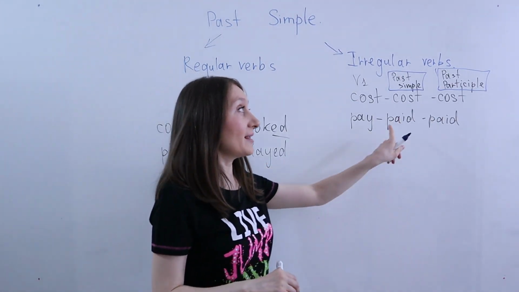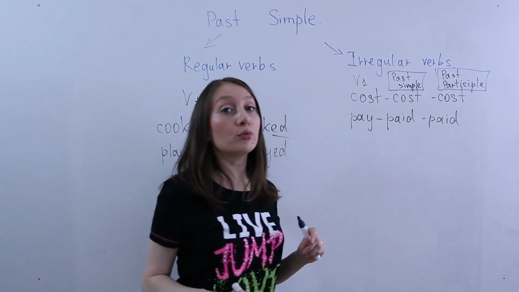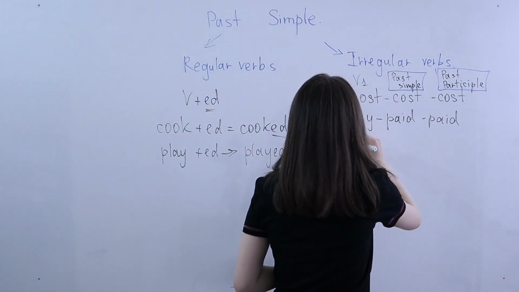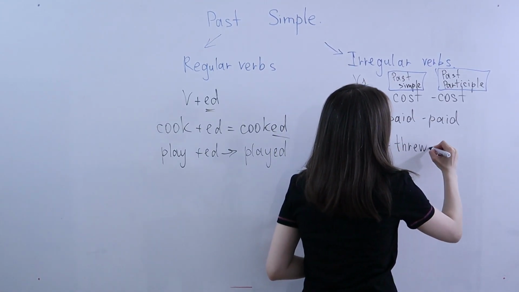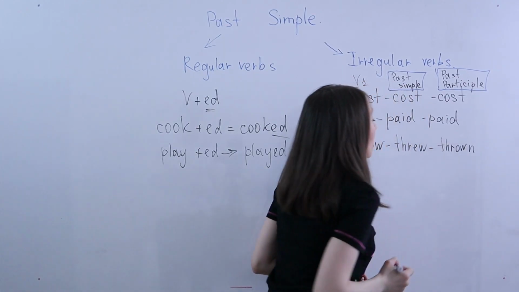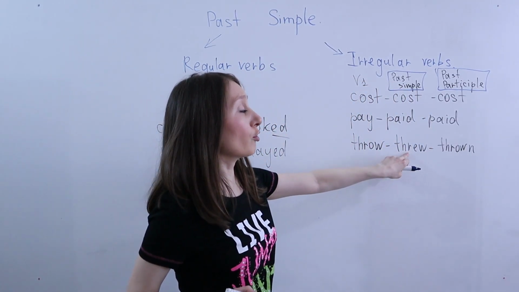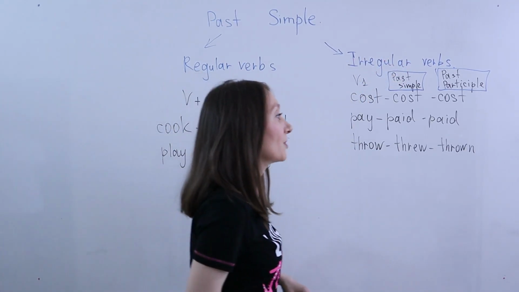I paid. This is past simple, the fixed form. Next, throw, threw, thrown. The second group again, threw. I threw the ball to the garden, for example.